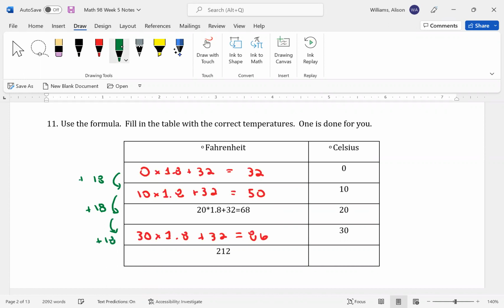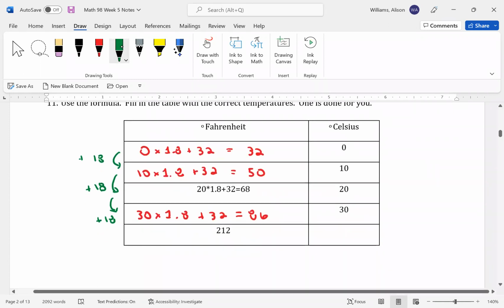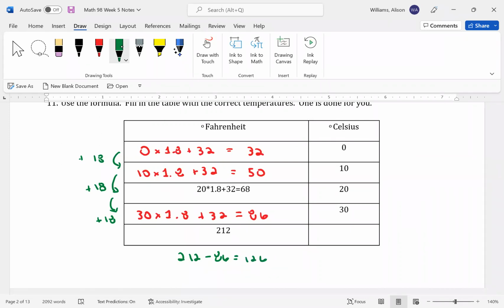So how many times did they add 18 to get to 212? That's kind of the question. We could go ahead and subtract 86 from 212, which gives you 126, and then divide by 18, which gives you 7.